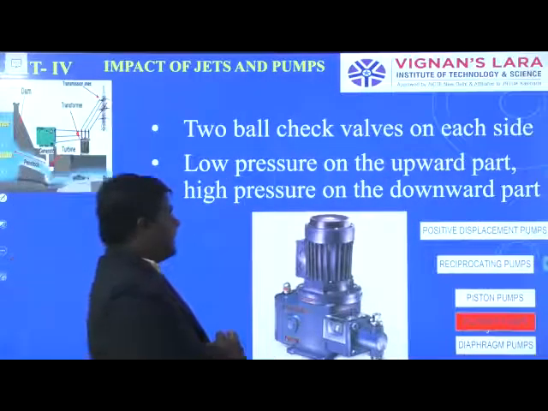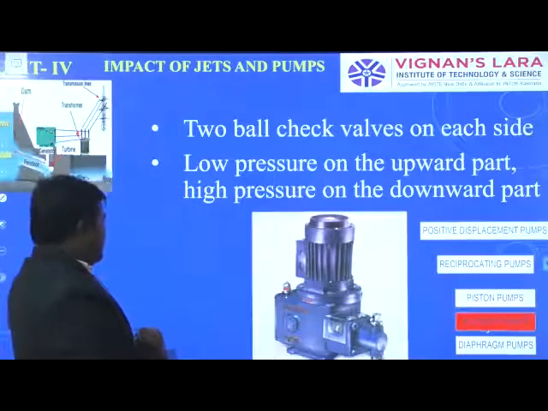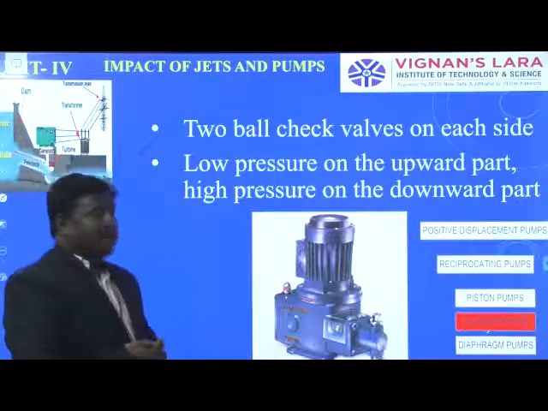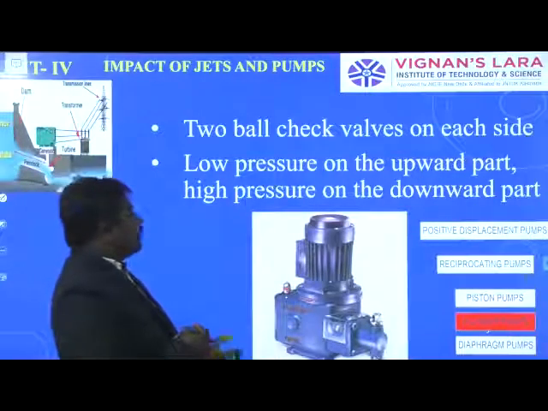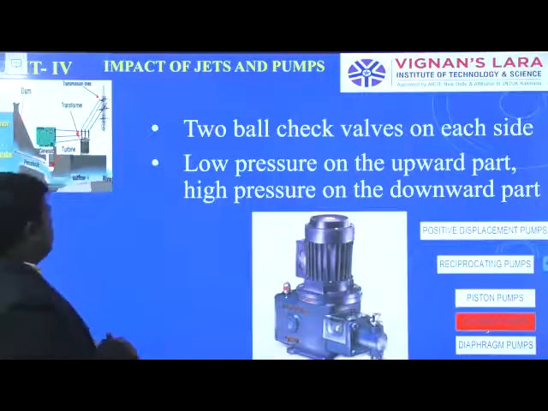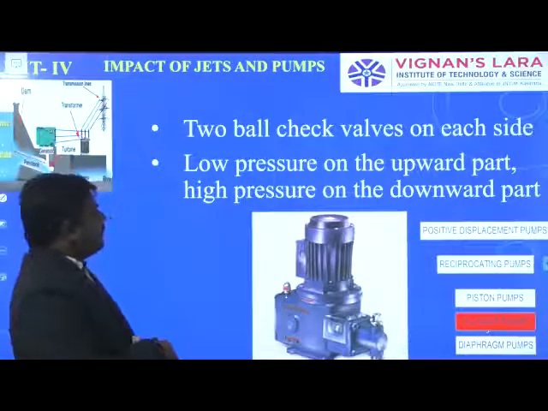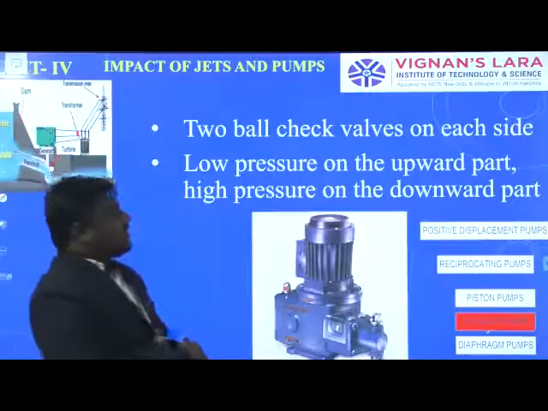And the plunger pumps. In the plunger pump, there are two ball check valves on each side, so two valves on each side. There is low pressure on the upward part and high pressure on the downward part.